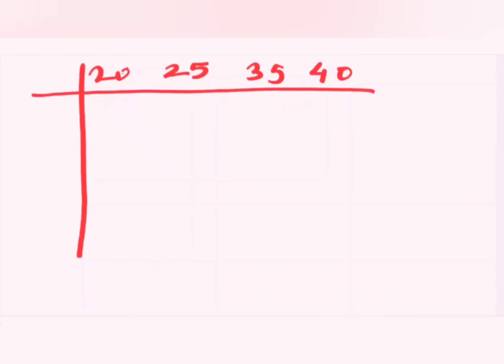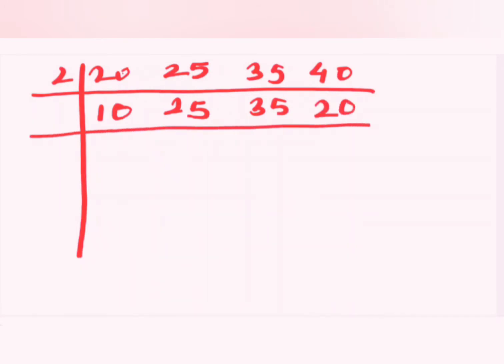So 20 is divisible by 2, so 10 twos are 20. 25 is not divisible by 2, 35 also not divisible by 2, 40 twos are 20, 40. Then again 10 is divisible by 2, 2 fives are 10, 25 as it is, 35 as it is, here 2 tens are 20.